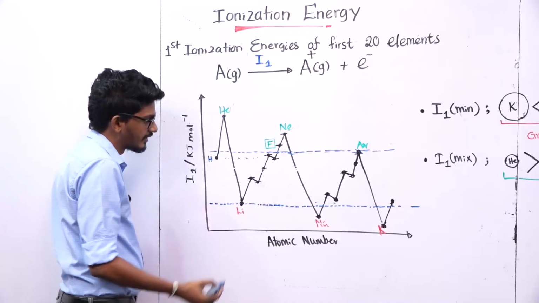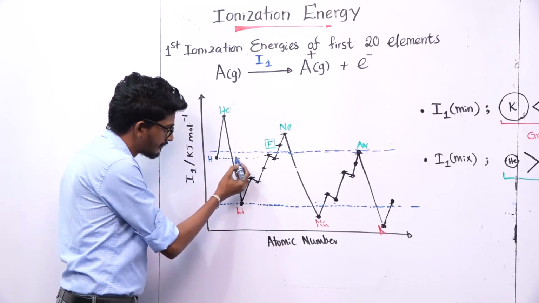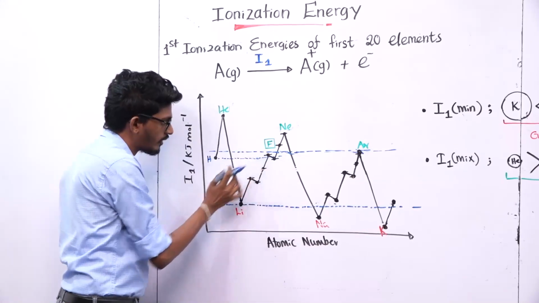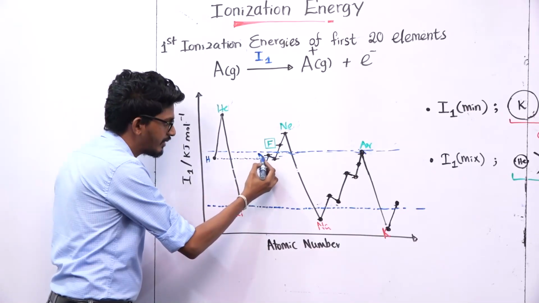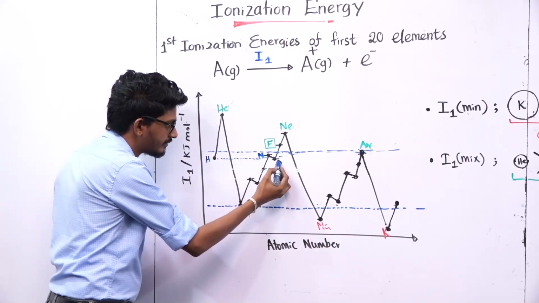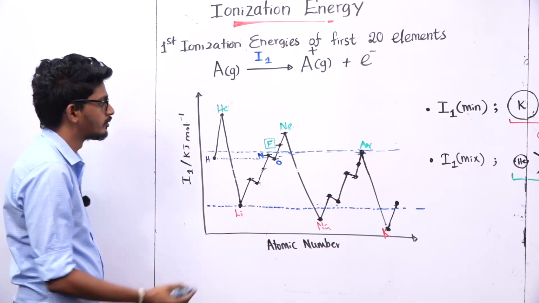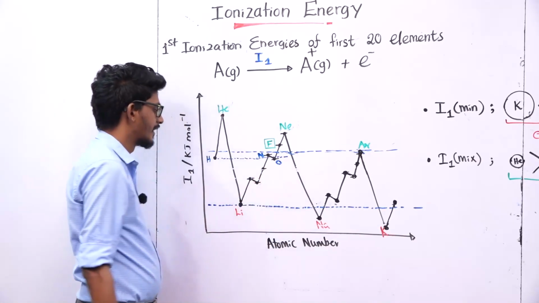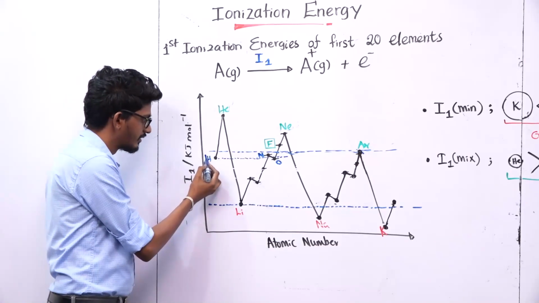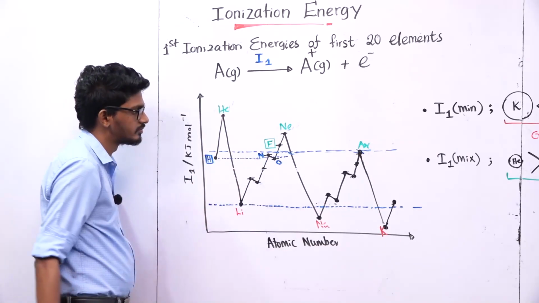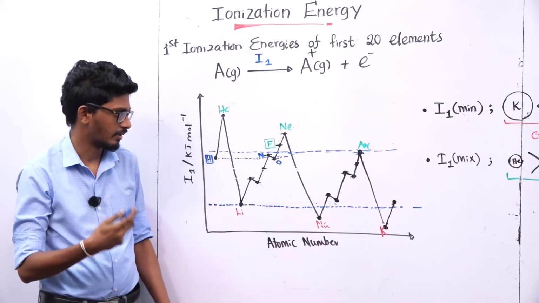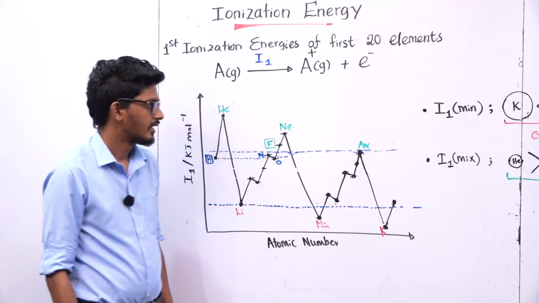Actually, hydrogen is in between the N and O. Hydrogen is in between N and O. So keep that in mind as well. That is another thing you should know to come up with a better result.